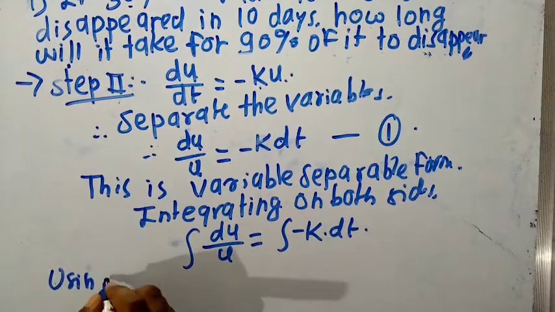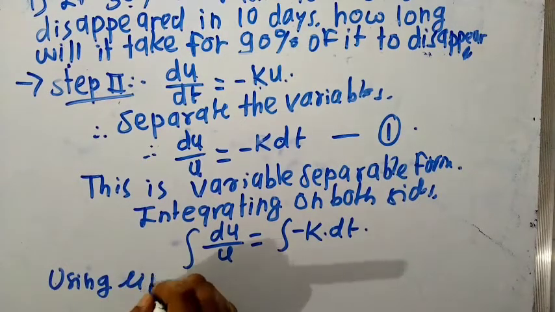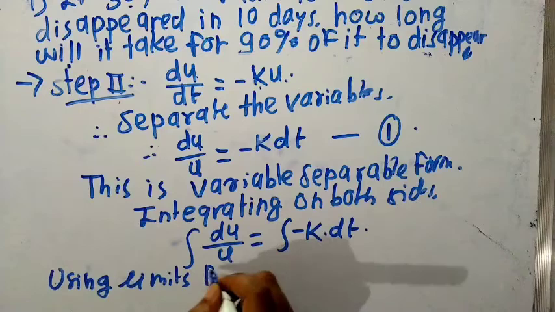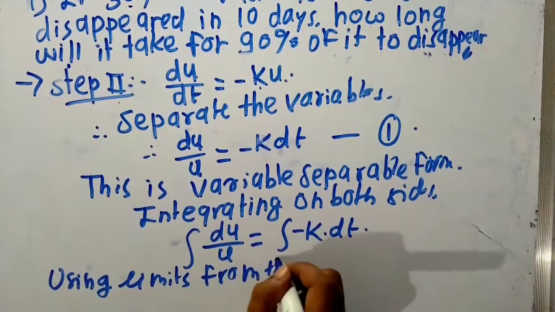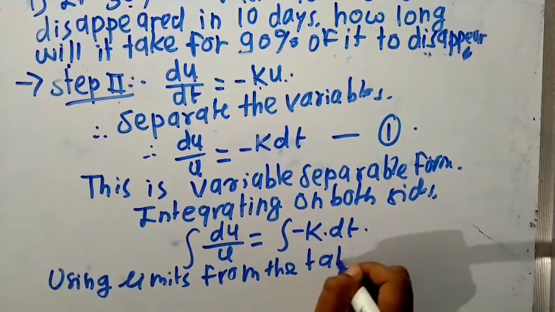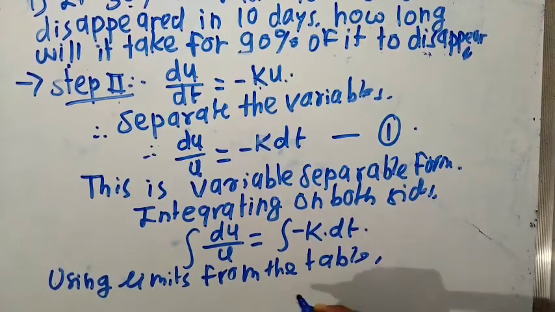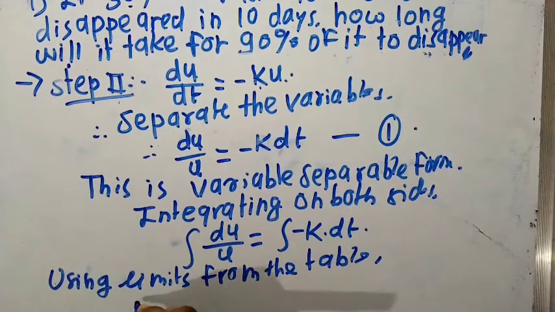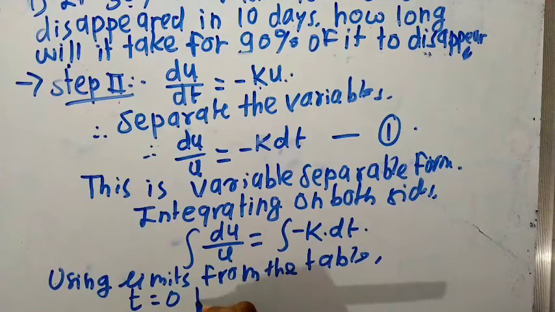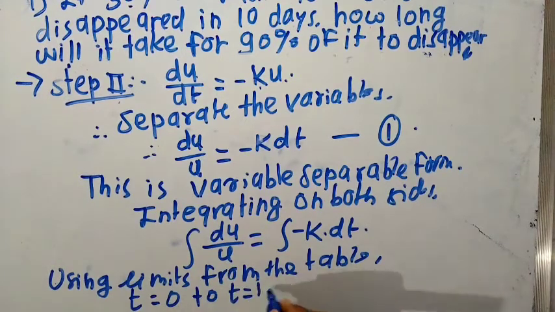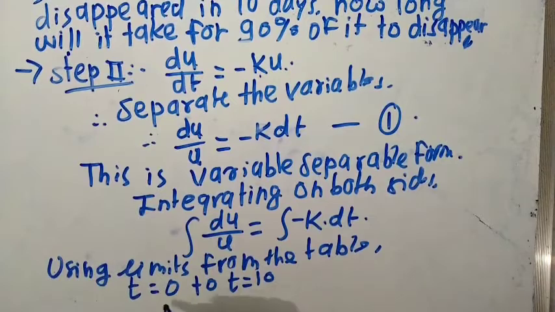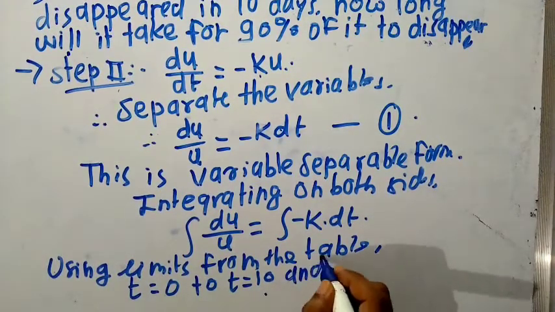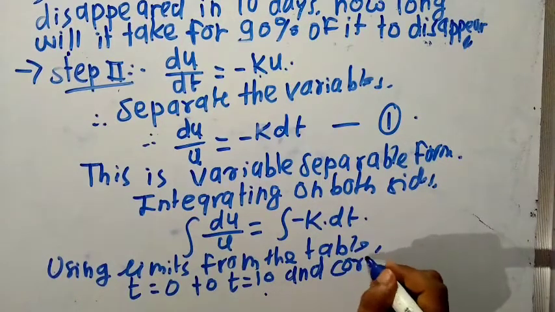Then using limits from the table, t is equal to 0 to t is equal to 10, in the table 0 to 10, and the corresponding values.